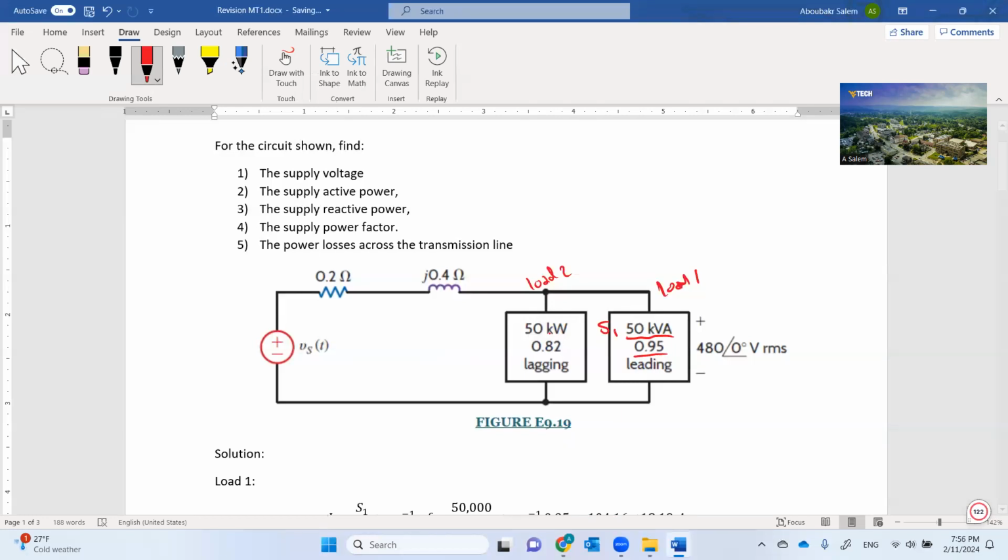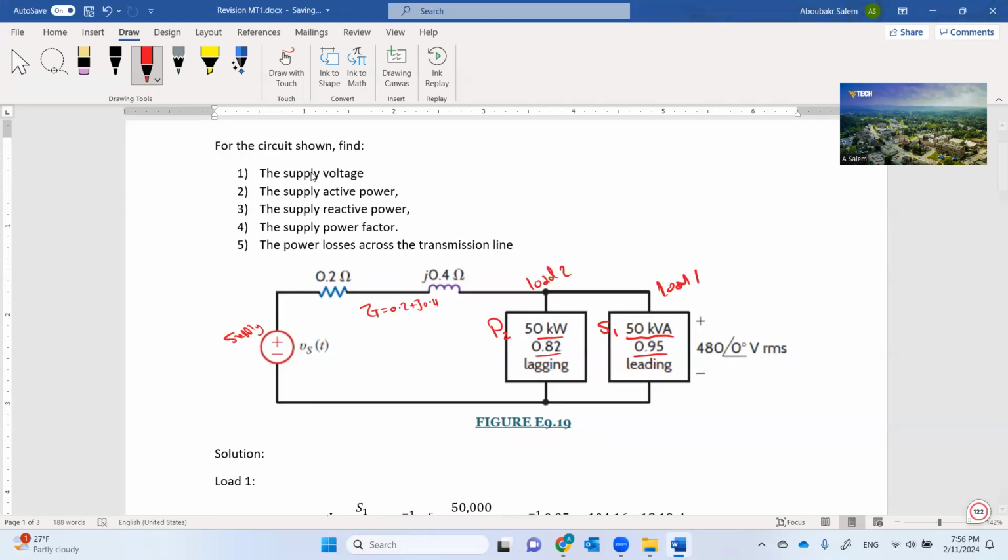For load number two, we have 50 kilowatts, so this is active power P2, and the power factor is 0.82 lagging. The transmission line impedance Z equals 0.2 plus j0.4, and here is the supply of our circuit.